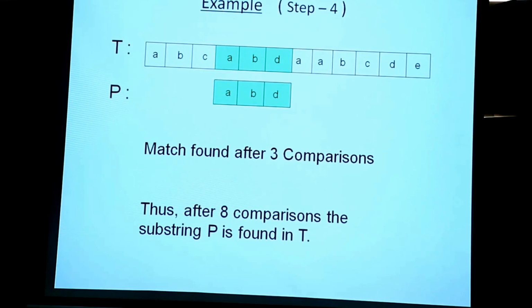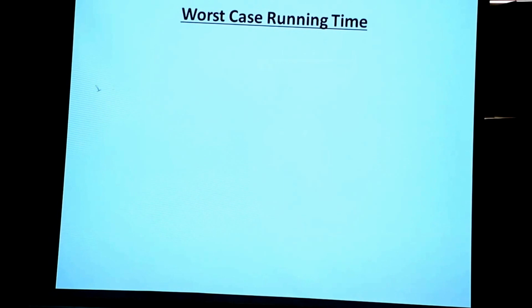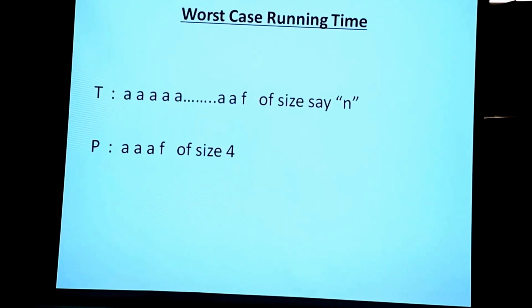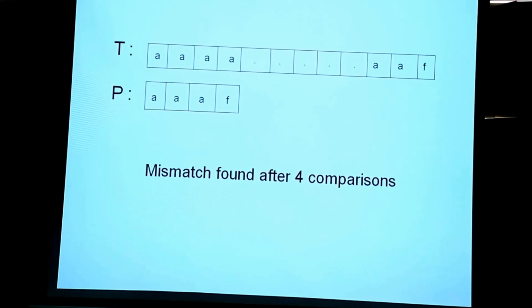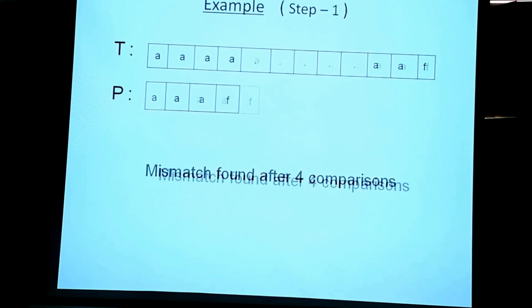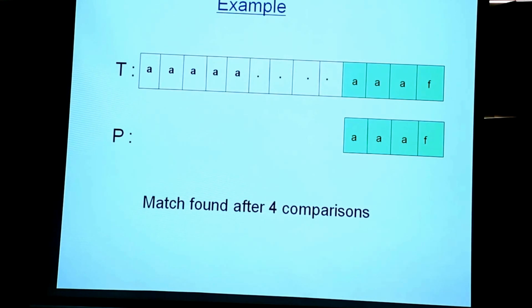So in the worst case, what is the number of comparisons? nm. So this is the kind of string where the mismatch occurs at the last location every time as we slide by one position.